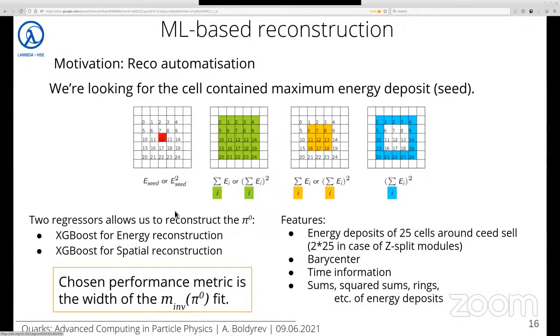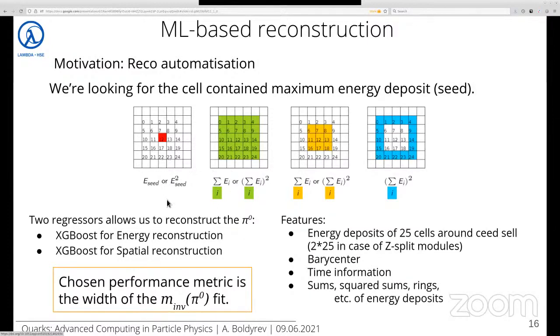And I'll repeat that we are not claiming that machine learning based reconstruction is better than the best traditional approach for the reconstruction. Moreover, we are not pursuing the best performance of the machine learning reconstruction, but we put the attention on the simplicity and the robustness of the model we used.